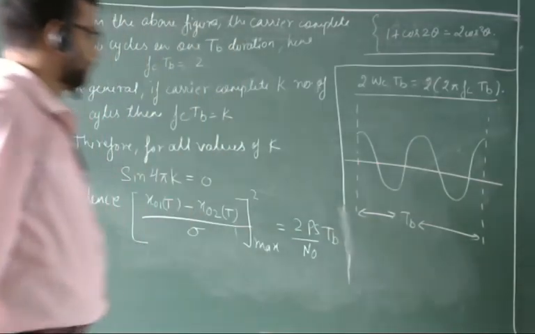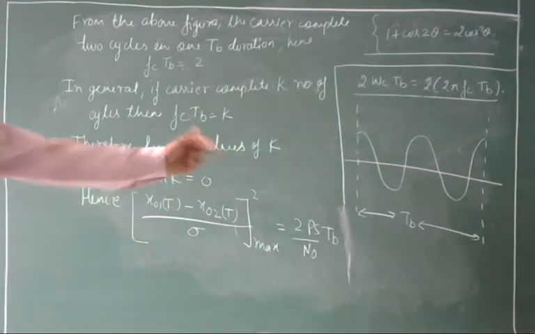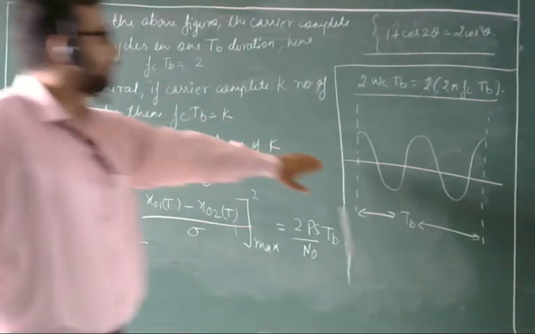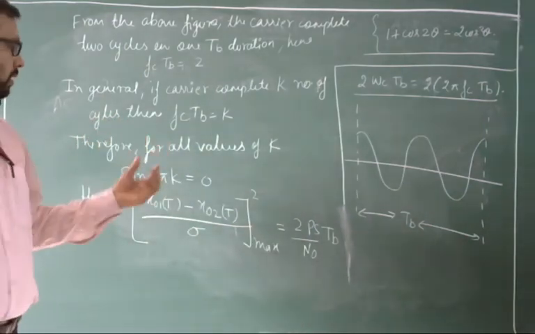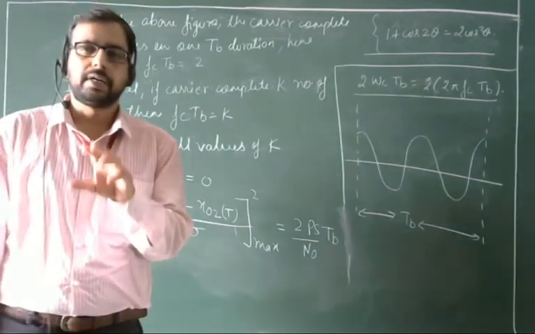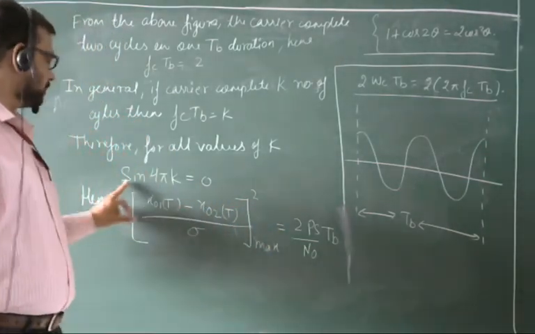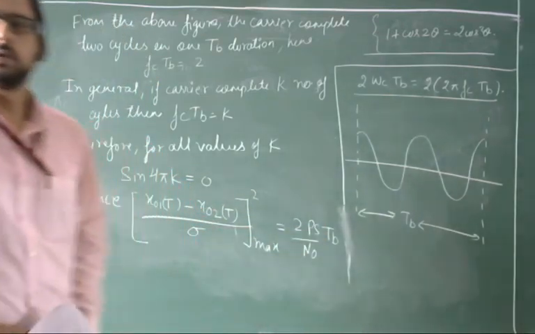So finally, the second term, the sine term, according to this waveform and this assumption, we can say that the sine term will cancel out, and finally we get the term of Tb like that. Okay, and finally we get this term equal to 2 pi Tb upon N naught.